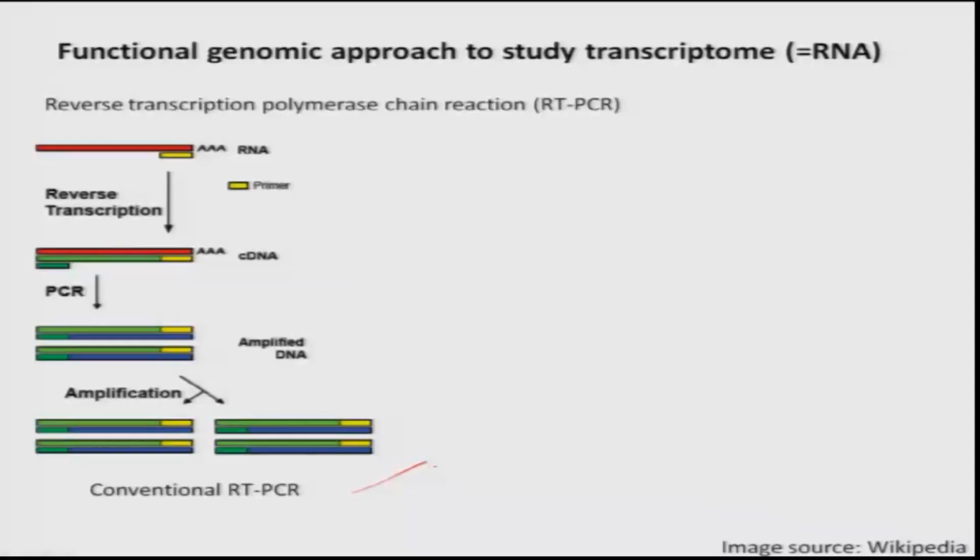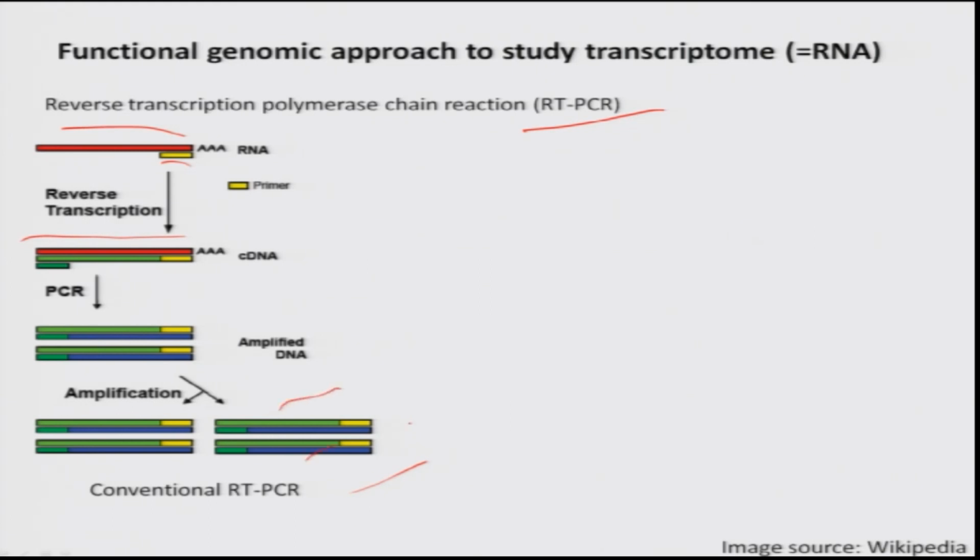This is the way PCR was done, but if instead of a DNA you use a cDNA in your PCR, then it is called reverse transcription polymerase chain reaction, or RT-PCR. So, you have the RNA, you have a primer which makes a copy of that RNA into what is called a copied DNA or cDNA, and then of course you can make it double, right.